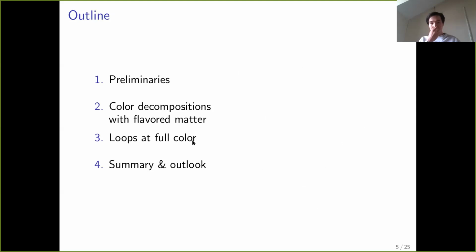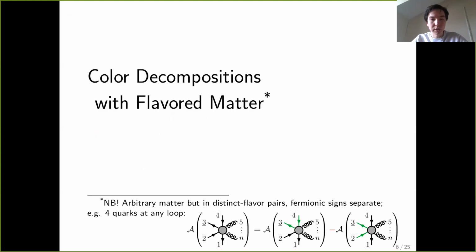So now that we're done with the preliminaries, I want to spend most of my talk talking about the color decompositions with flavored matter, and then hopefully have time to talk about applications to loops. And I will also be considering all matter to be separated into distinct flavored pairs, because of course, whenever there's a couple of pairs being of the same flavor, you can decompose that into the distinct flavor case. So this is an example of 4 quarks, for example.